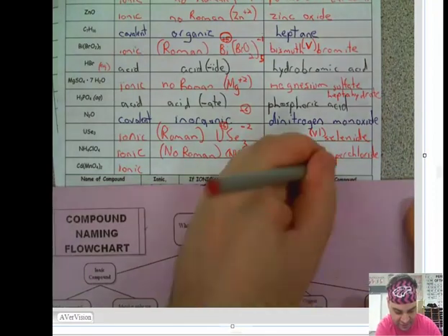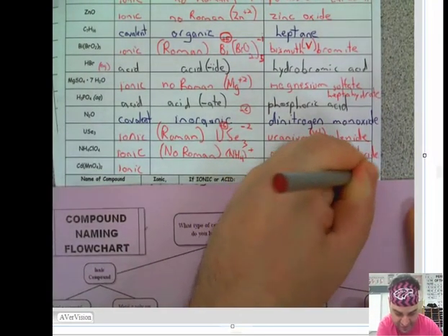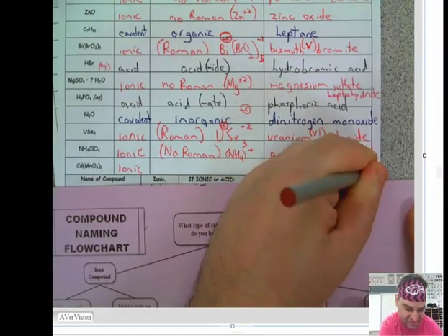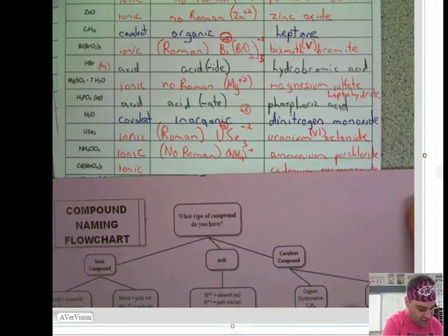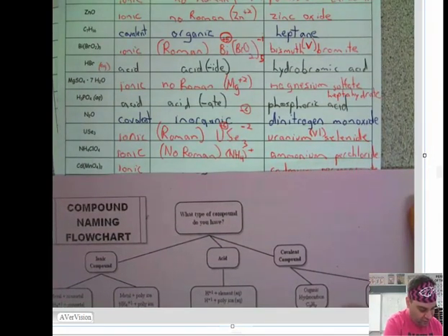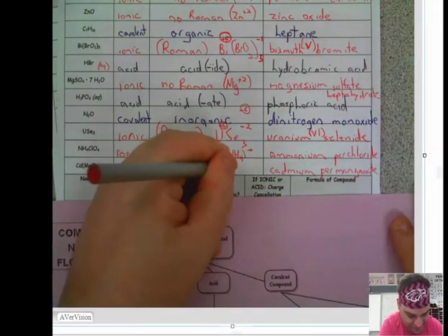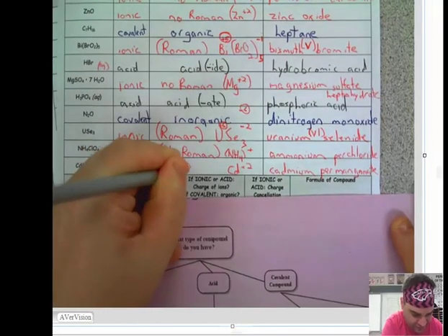Oh, that's one of the harder ones, at the bottom there. That's the permanganate. I hope you have those polyatomic ions memorized. Then we check to see if it needs a Roman numeral. Groups 3 through 15 need one, except cadmium +2. So cadmium is always +2, so there is no Roman.